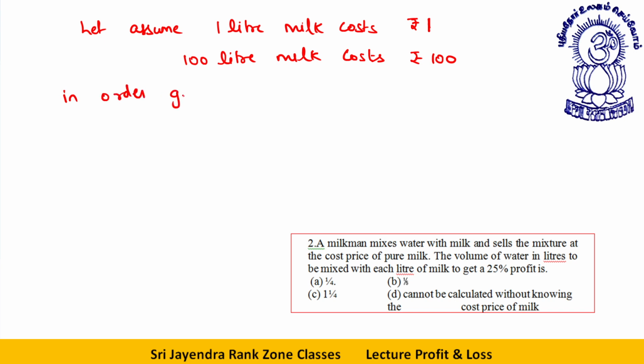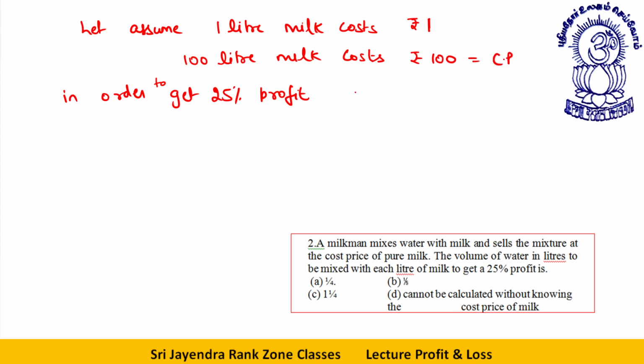Now, in order to get 25% profit, how much should my selling price be? This is now the CP.